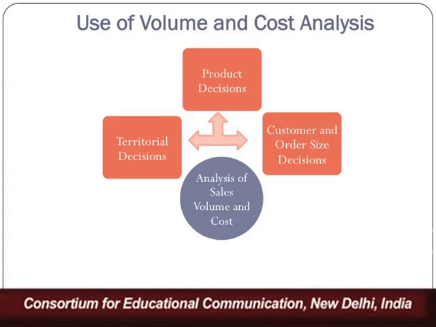The first that I am going to talk about here is territorial decisions. Now, students, once the management has completed its volume analysis and its cost analysis, the executives may then decide to adjust their territories to match their current potential.